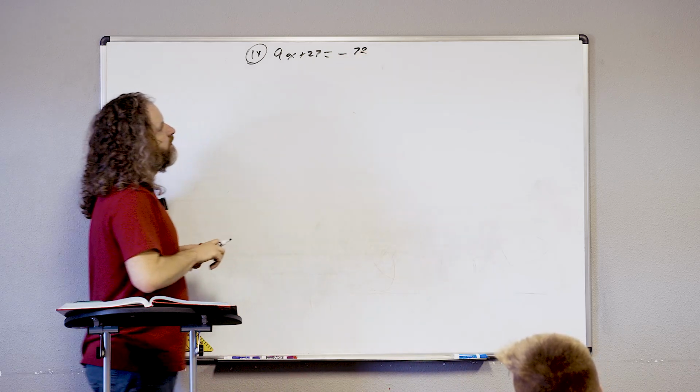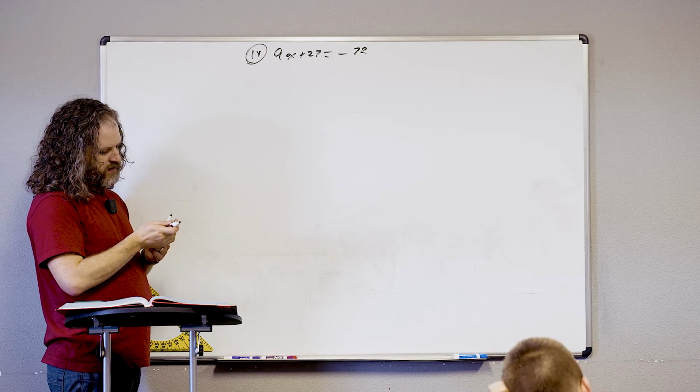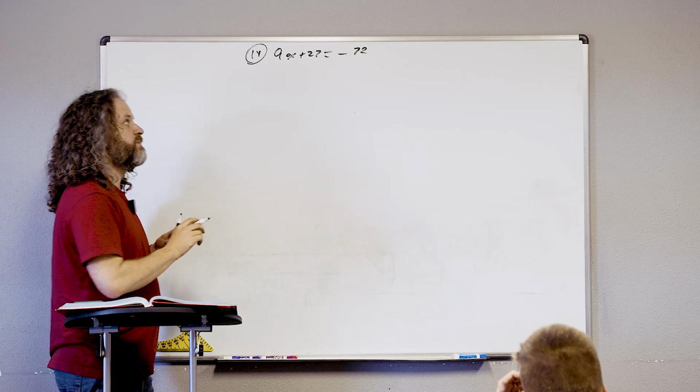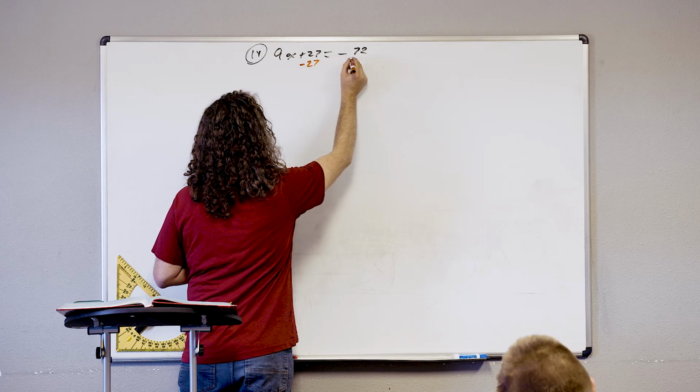What should we get rid of first? Sounds good. How do we get rid of it? We subtract it because it's added. Do the inverse to get rid of it.